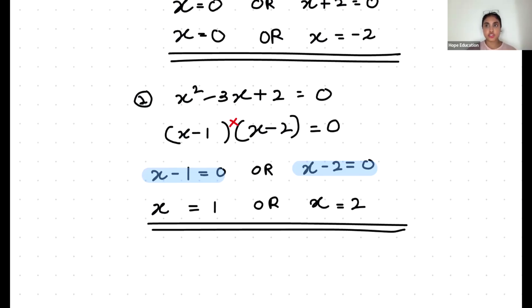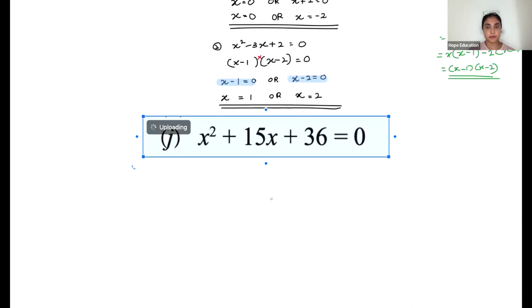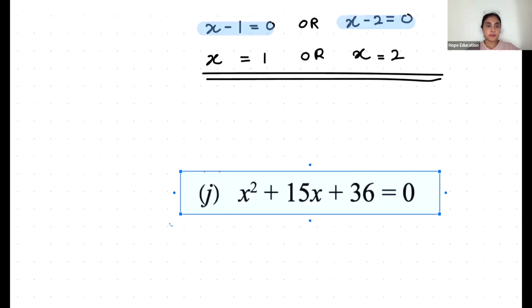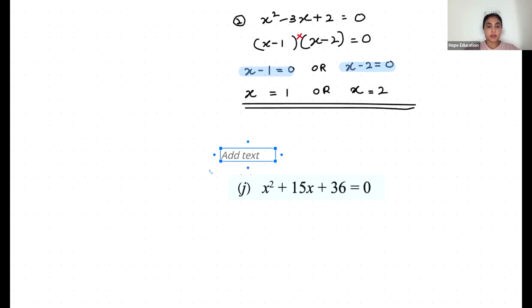There is an example which I will teach you in a bit, but can you please try J? This is exercise 15.3. Quickly try, yeah? Make it fast.